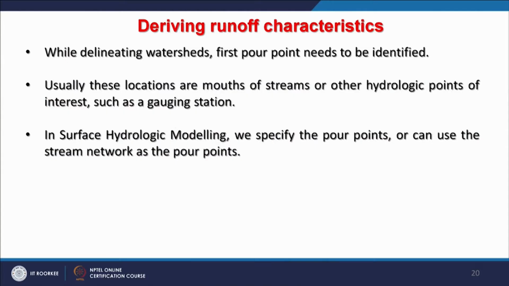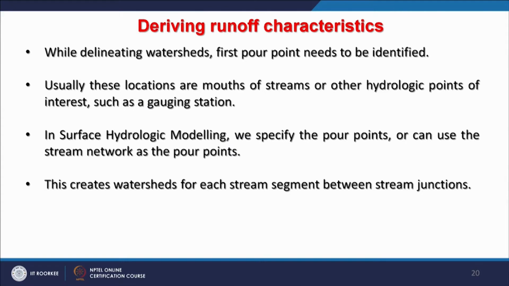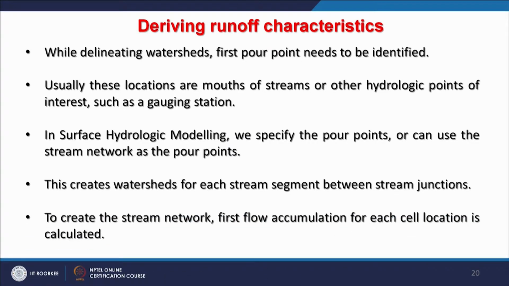In surface hydrologic modeling we specify pour points while delineating a watershed boundary, and one can give a threshold, that if 500 cells or 5000 cells or a square meter area is contributing, then I want to delineate. Likewise the drainage network and everything can be determined, and this creates the watershed for each stream segment between stream junctions. So, stream link information also becomes very important. Once the drainage network has been derived, then we can use it for other things.